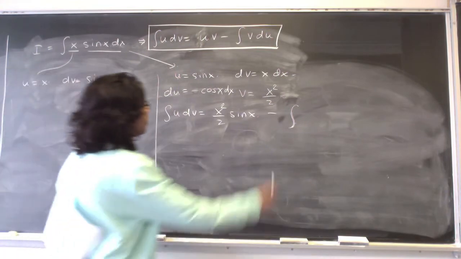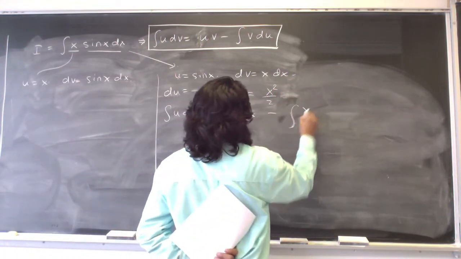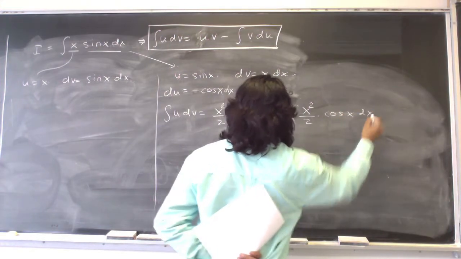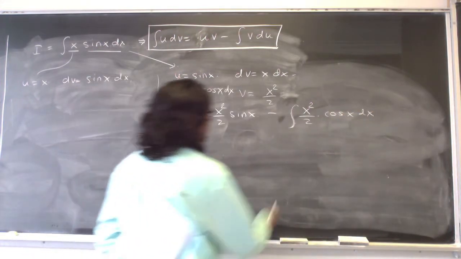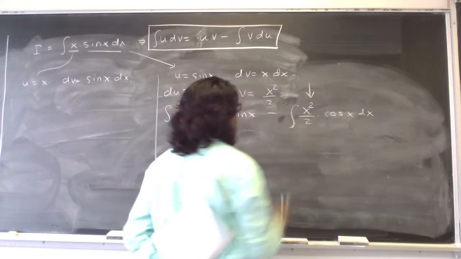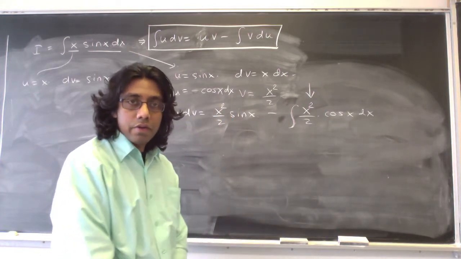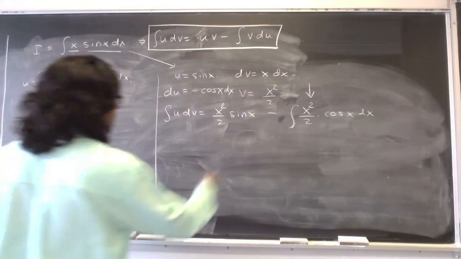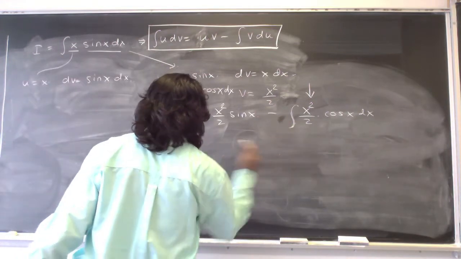Very well. So you have x squared over 2 times cosine of x dx. Okay, now the problem here is the power of x is increasing, so that is not good news. So we cannot really continue this choice here.